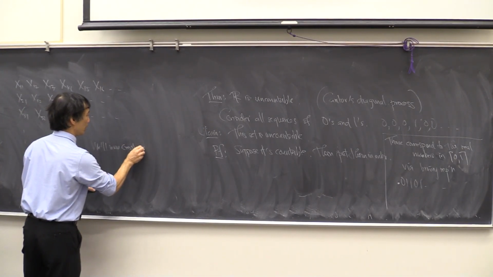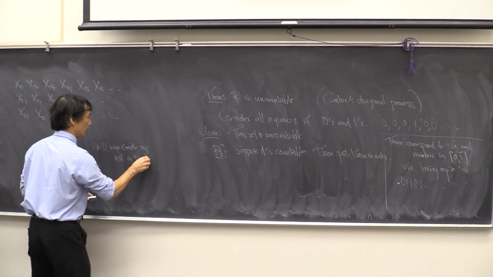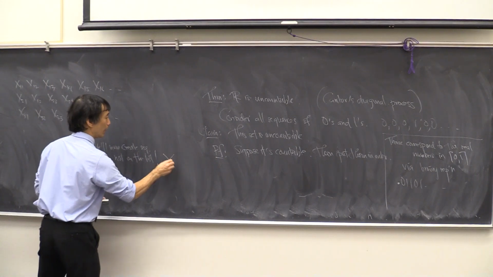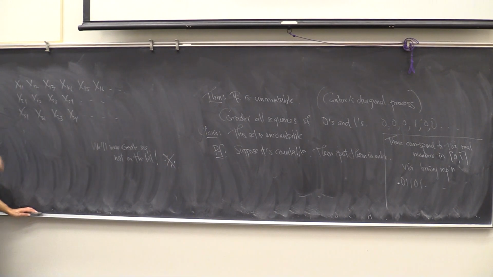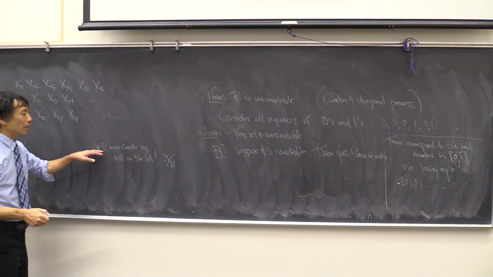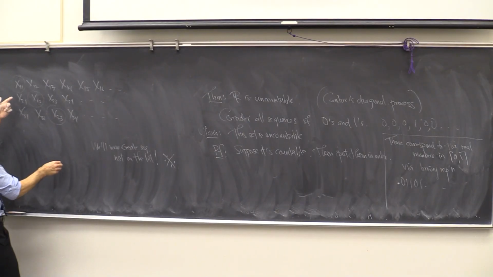Now we'll create a sequence not on the list. That will be a contradiction, because supposedly we had the list of all numbers. We'll create a sequence that's not on the list by toggling everything down the diagonal.